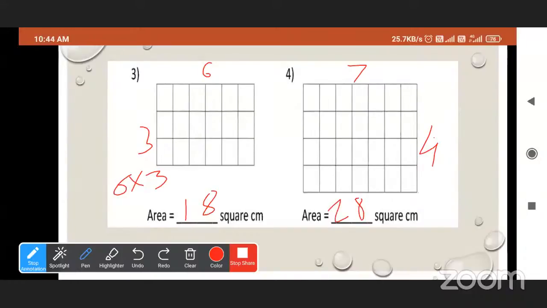Okay, if we count the squares, see 1, 2, 3, 4, 5, 6, 7, 8, 9, 10, 11, 12, 13, 14, 15, 16, 17, 18, 19, 20, 21, 22, 23, 24, 25, 26, 27, 28. So 28 is the right answer. So the area of this figure is 28 square centimeter.